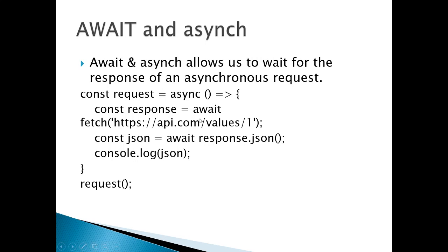You have to wait till this fetch returns the response, and then wait until this response is converted into JSON, and after converting the JSON you will move on. So this is the way you can stop the processor from moving on and wait for the results.